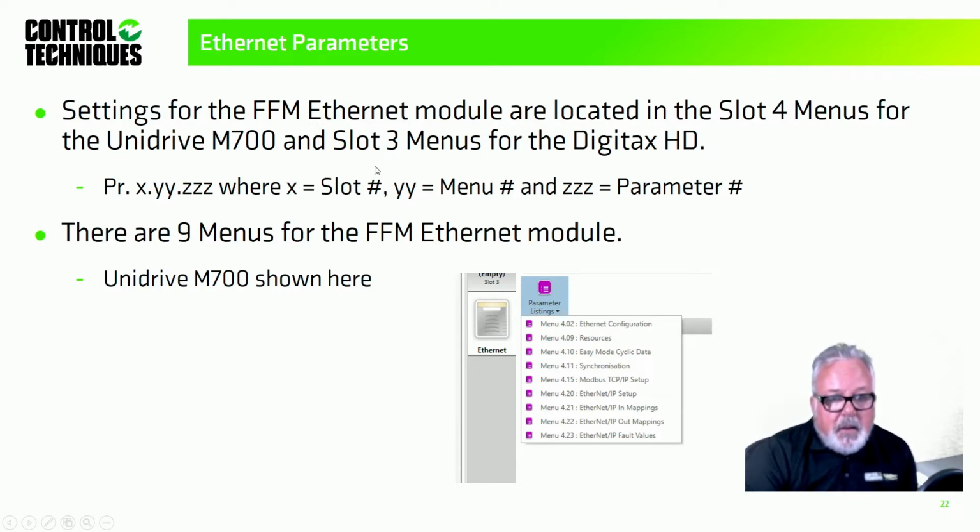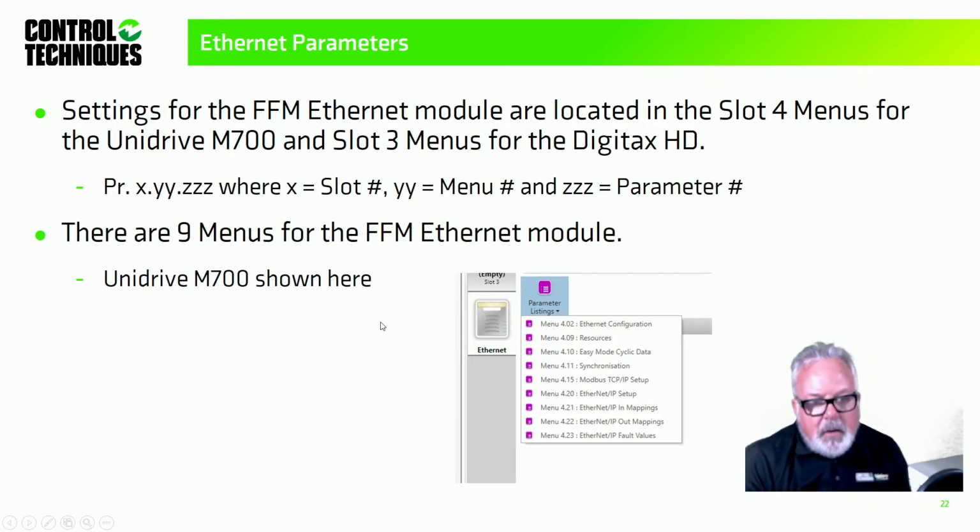If it's a Digitax HD, that only provides 2 expansion slots, so the Ethernet module is slot 3 on a Digitax HD. To access these parameters, you use this structure where the slot number is X: slot dot menu dot parameter.